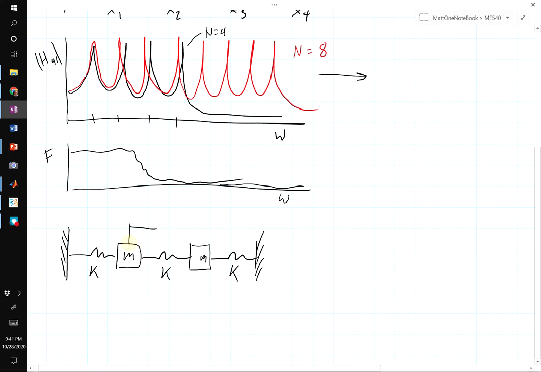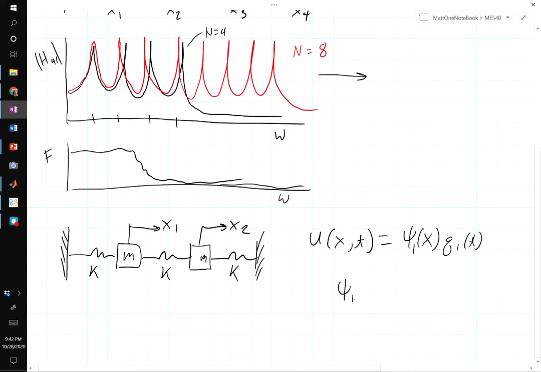And we have 2 degrees of freedom here, x1 and x2, right? Let's say we want to approximate this system. This only has 2 degrees of freedom, but let's say that we approximate u of x of t with a basis function psi of x, and just one of them, and then we have q1 of t.